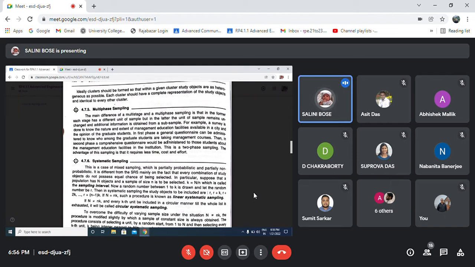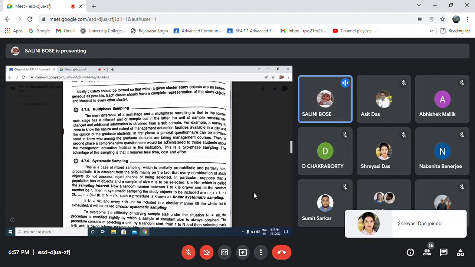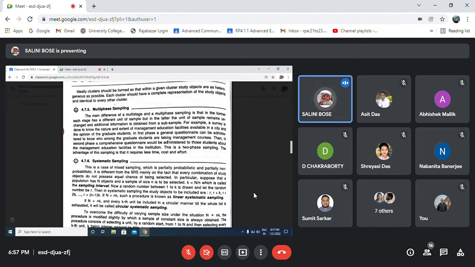There may be some commerce students, some art students, some law students, some engineering students, so that will be difficult. So in multi-phase sampling, we take the sample in different phases.